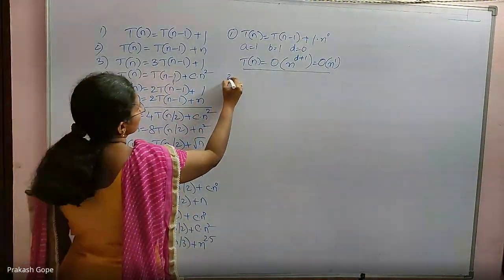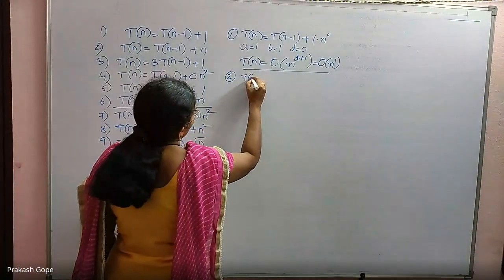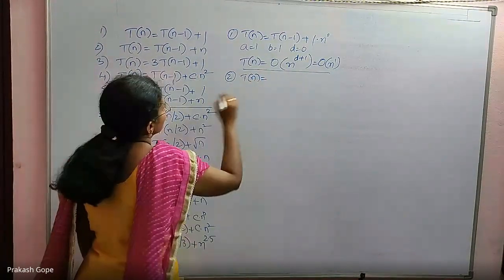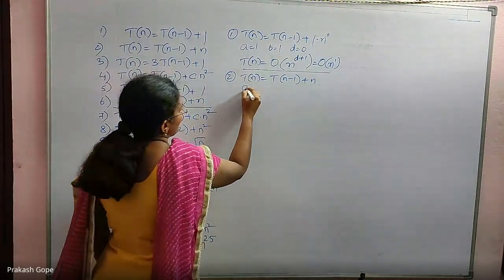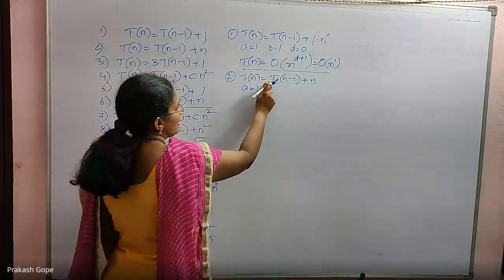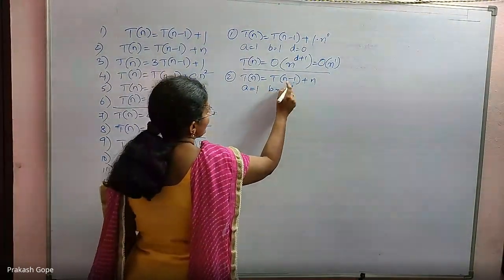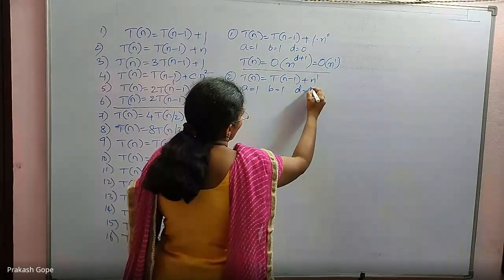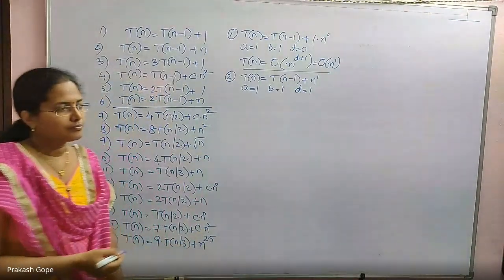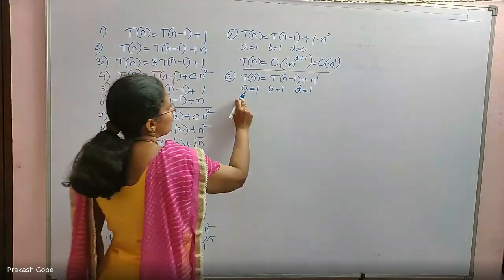Second, please do it on your own. You don't have to look at the board. T of n minus 1 plus n. A is equal to 1 because it is a into T of. B is n minus b, so b is 1. D is n power 1, so d is 1. A equal to 1 case.